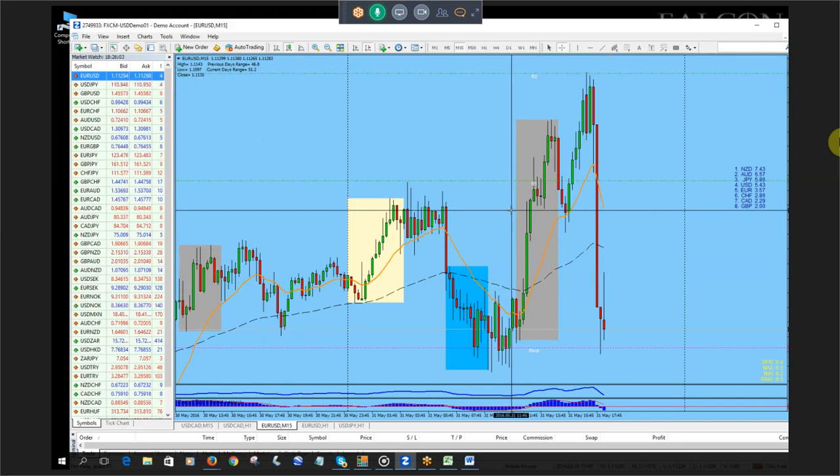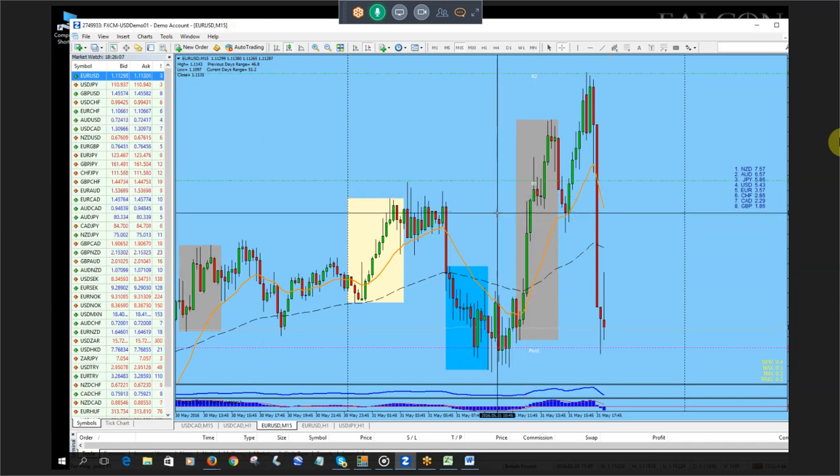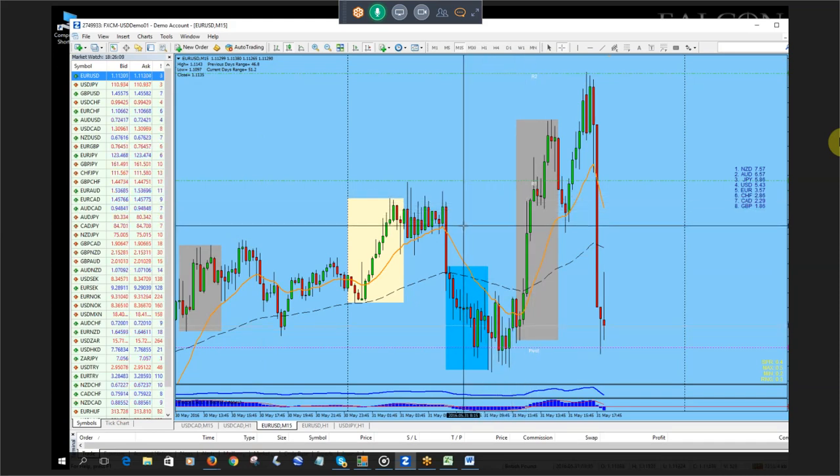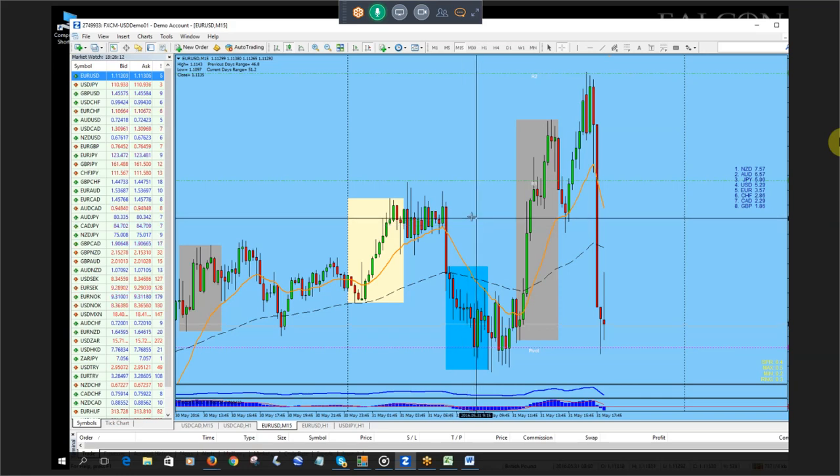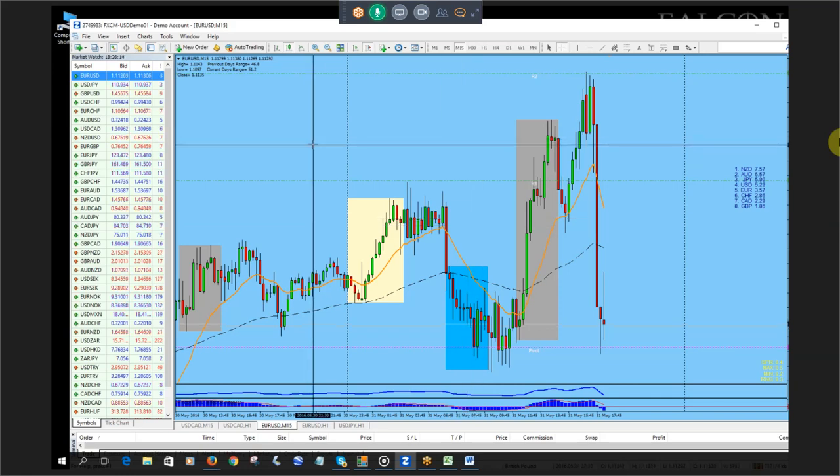Now it's my job to determine which way, is it going to be a long trade or a short trade. And that's essentially what I'll be looking for.